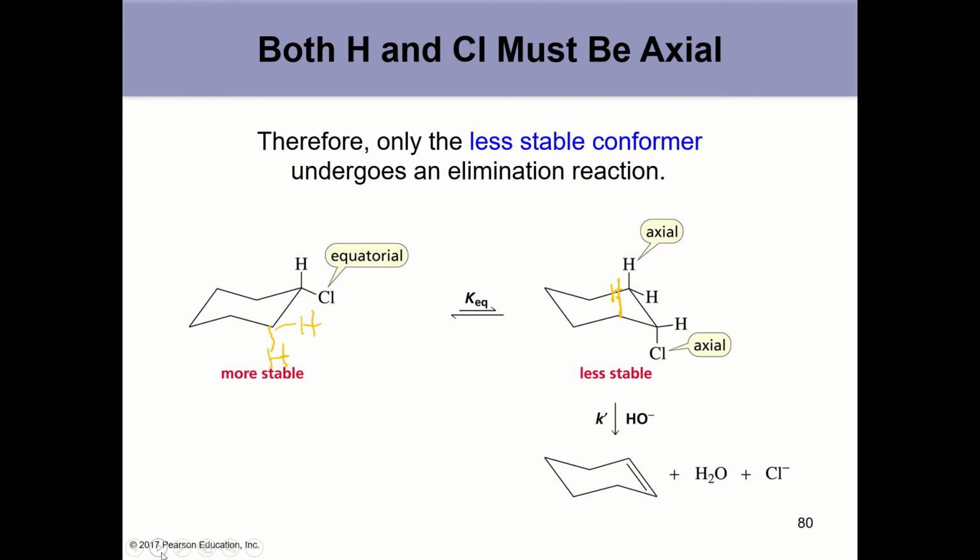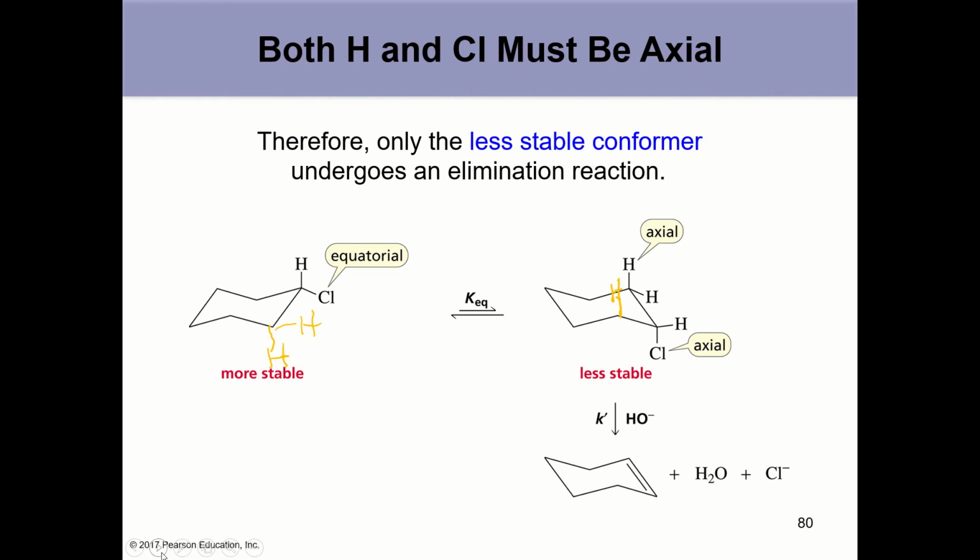Both H and Cl, for example, must be axial in order for the reaction to occur. For the ring shown, I've drawn in the two hydrogens at the adjacent carbon where a proton would be abstracted to lose the chlorine. In the more stable conformer, chlorine is the largest group and it is in equatorial position.